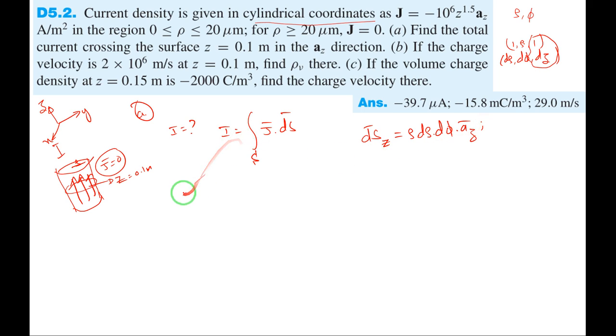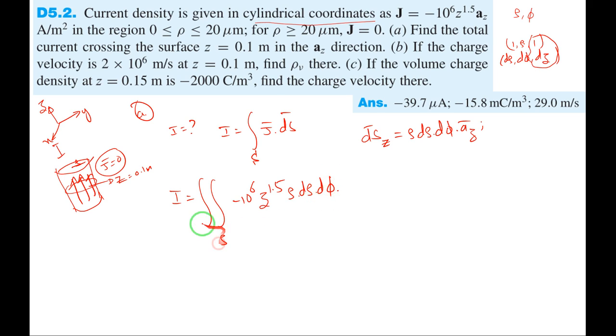We'll substitute here. I is equal to the double integral of J dot ds. So we take the dot product of J dot ds. J is here, ds is here. az dot az will be 1. The remaining things we multiply: minus 10 power 6 z to the power of 1.5 into rho d rho d phi.